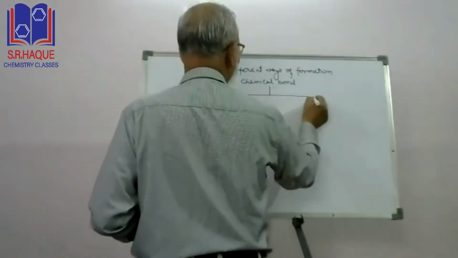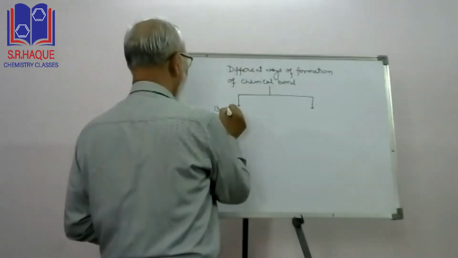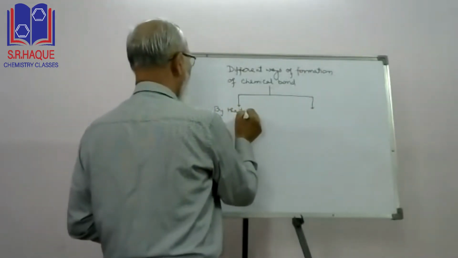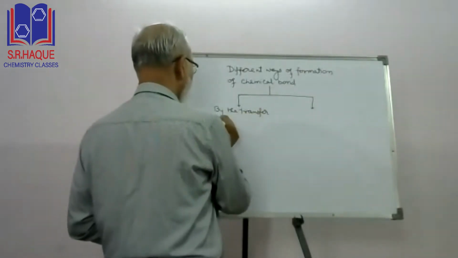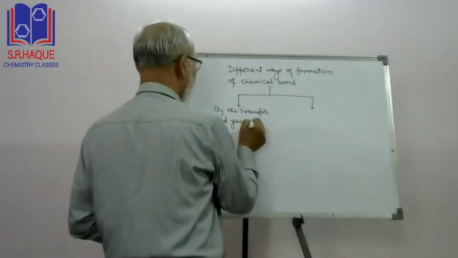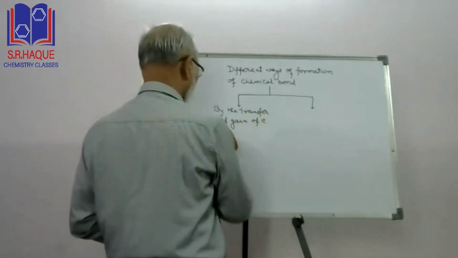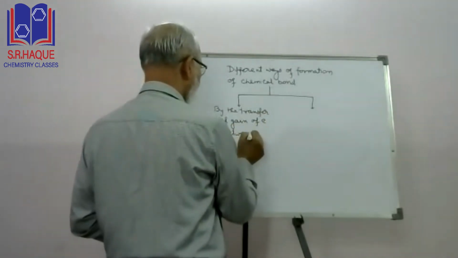The one bond is formed by the transfer and gain of electron in between the atoms.